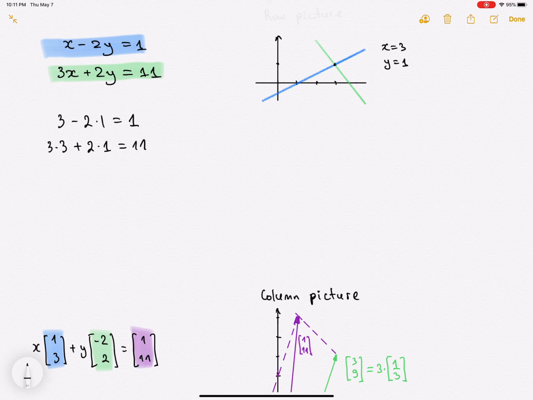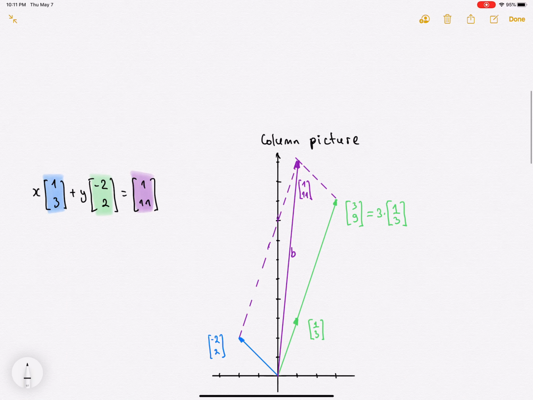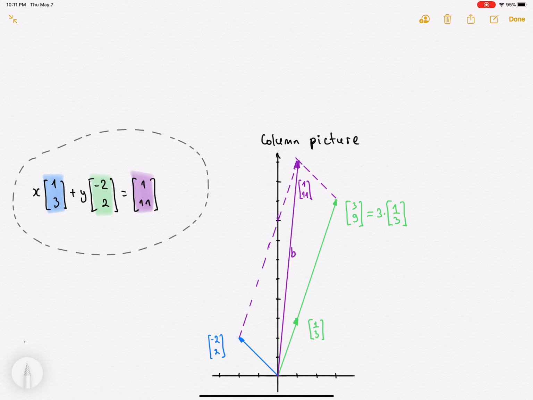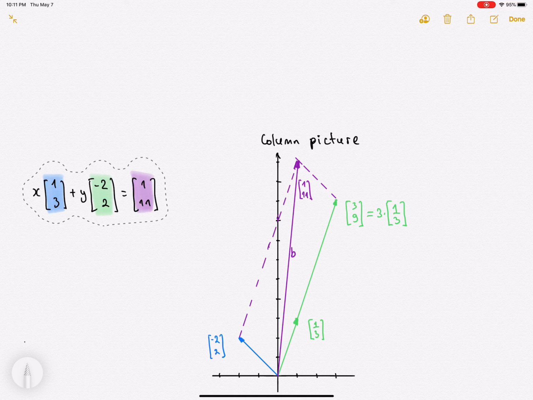So we can describe that as a vector by saying that x multiplies the vector 1, 3. And then y multiplies the vector negative 2, 2. And when we add them together, we get the new vector 1, 11 that we have right over here. So this is the exact same system, only now described through column vectors.